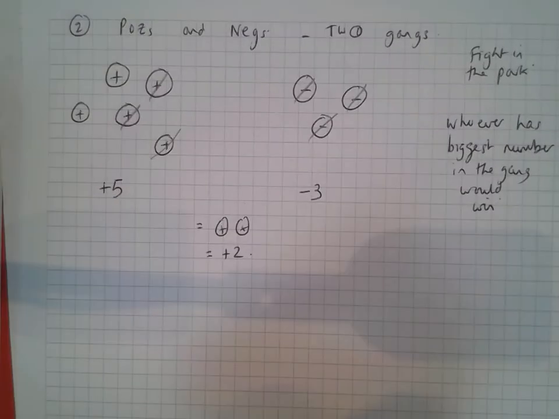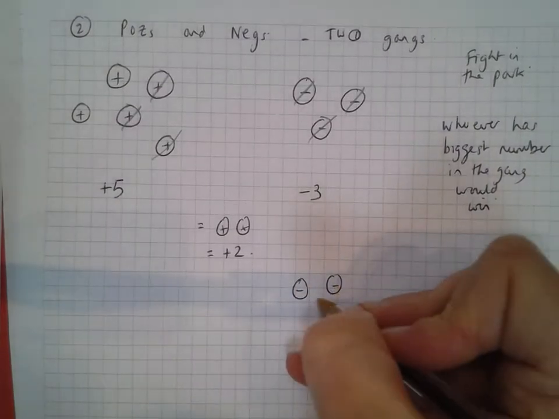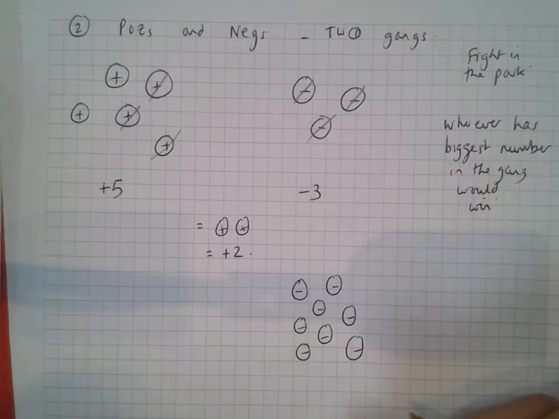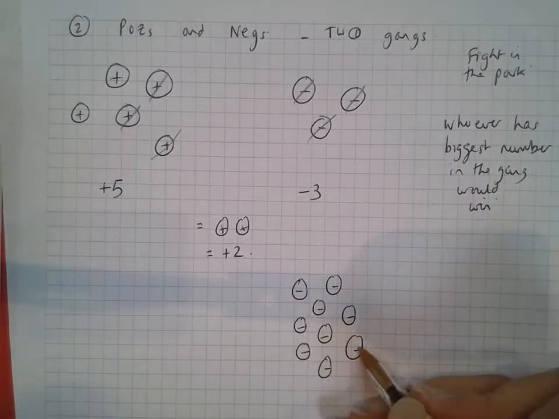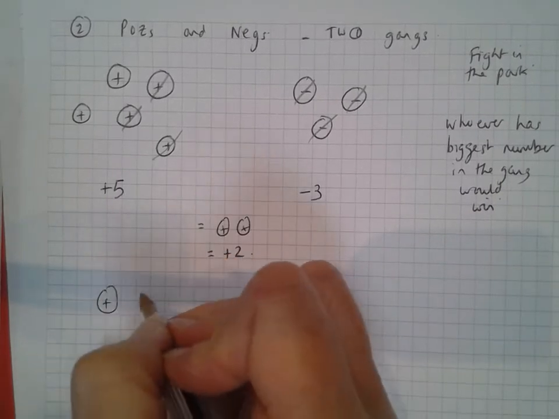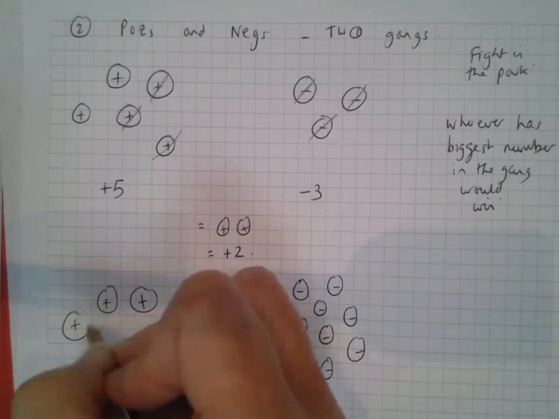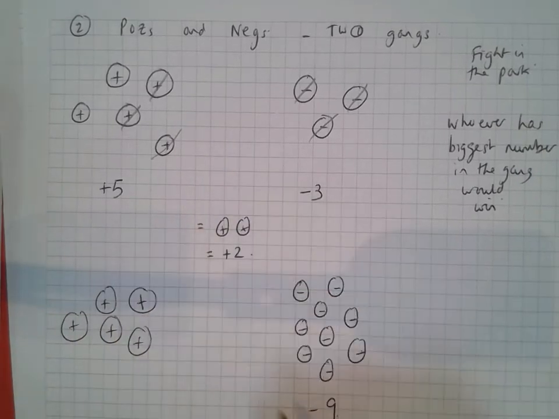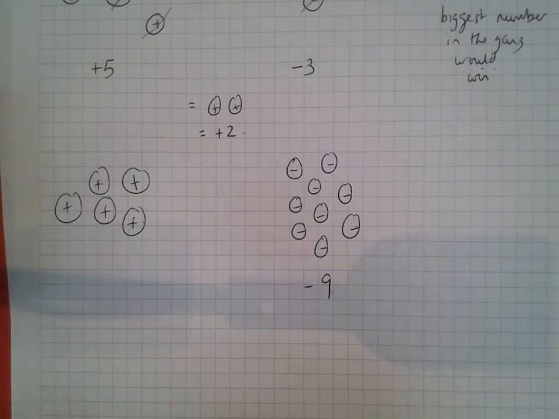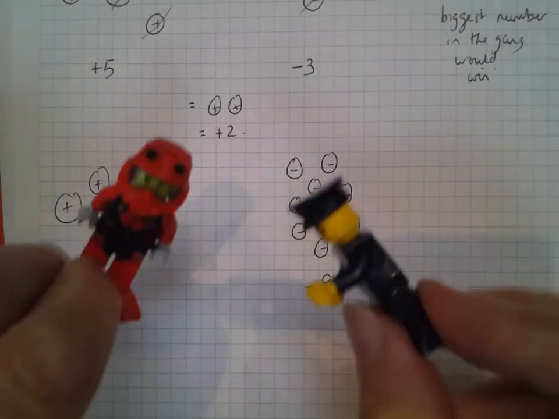But then the next day the negs were smart and they brought along a lot more of them. So the negs brought along 9 negs. And the posses weren't smart. They came back with 5 again. And the posses and the negs fought each other. Big battle.